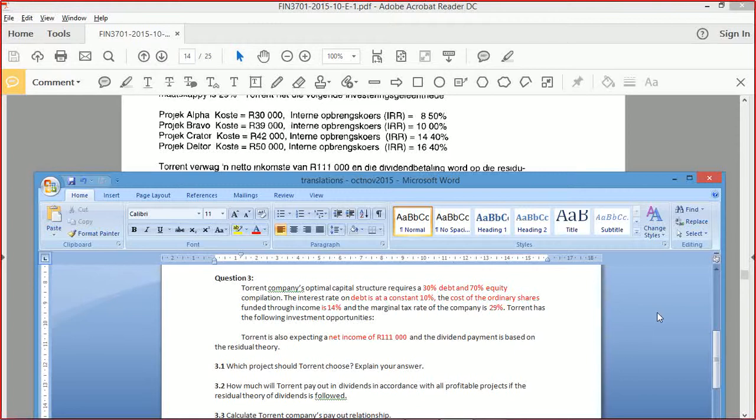So WACC equals the weight of debt times the cost of debt times one minus the tax rate, plus the weight of the ordinary shares times the cost of equity. Yes. So what WACC do you get? That's correct.